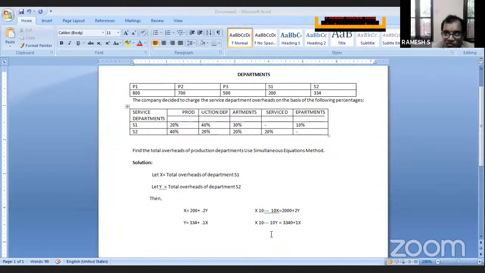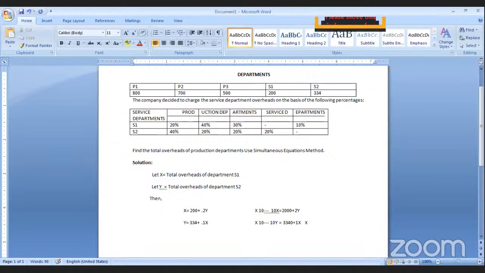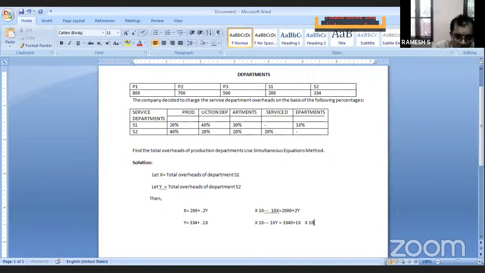So this equation multiplied with 10. How will it be? You see how it will be. 10y into 10 will give us 100y is equal to 3340 into 10 will give us 33400.